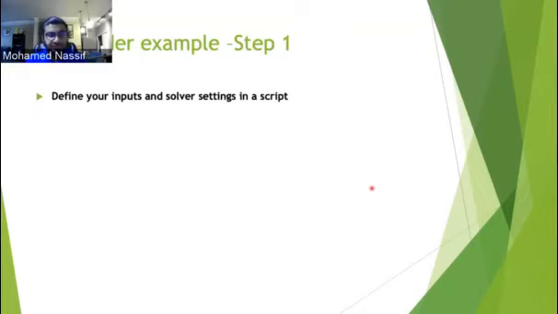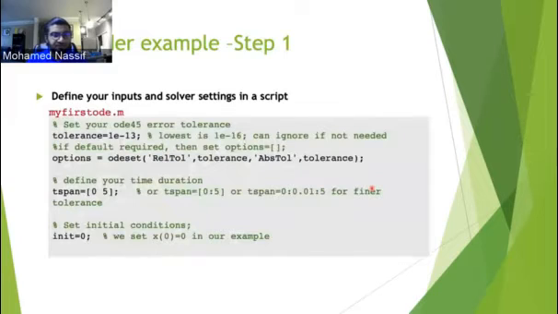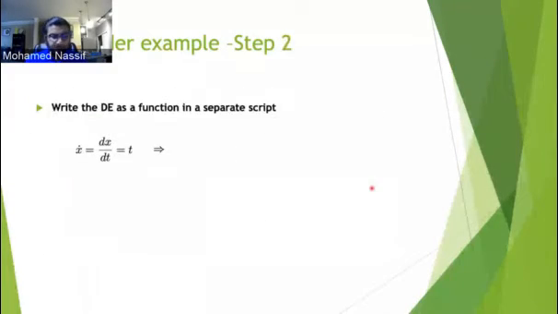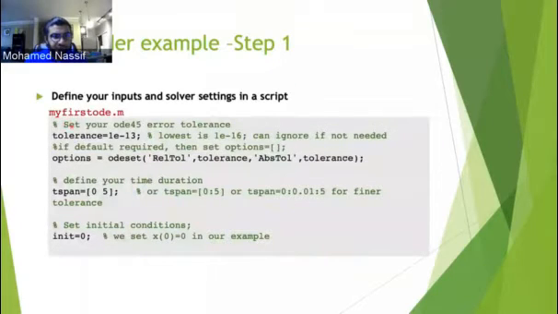First, we define our inputs and solver settings in a script. So this is a script, I named it my first ODE.m. These are the steps that you do. You would set your ODE45 error tolerance. I said error tolerance is 10 to the minus 13. The lowest is 1e minus 16, that's the machine precision, machine epsilon. But you can ignore that if you don't want this precision.